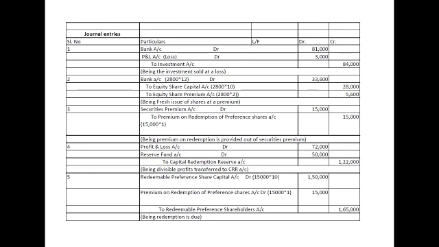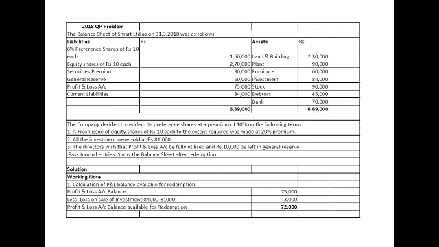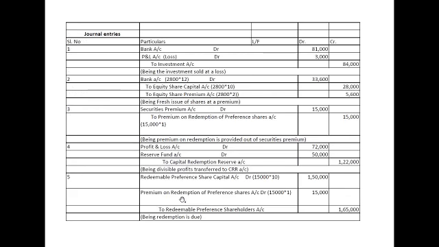So that we did in the previous calculation with respect to the loss, 84,000 minus 81,000. So here, very important, the golden rules of accounting should be remembered. Narration: being the investment sold at loss.